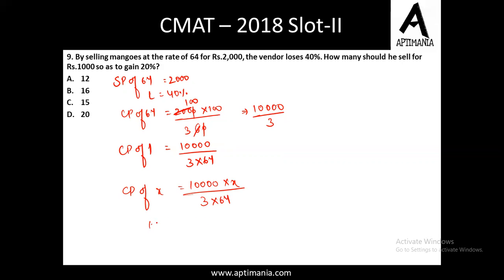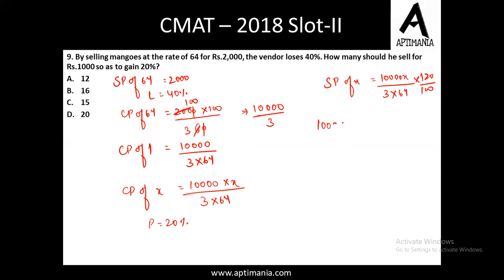And we are earning a profit of 20% on it. So selling price of X articles should be equal to 10,000 X upon 3 into 64, then this cost price is multiplied by 120 by 100 because there is a profit of 20%, right? Also, it is given to us that the selling price of X articles is 1000.